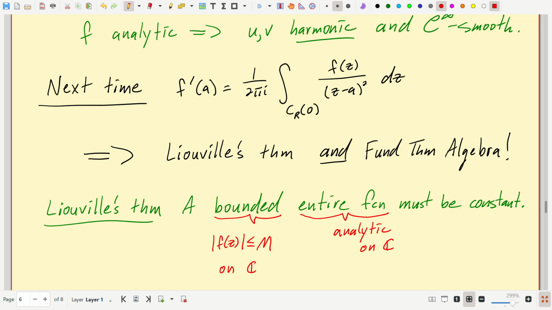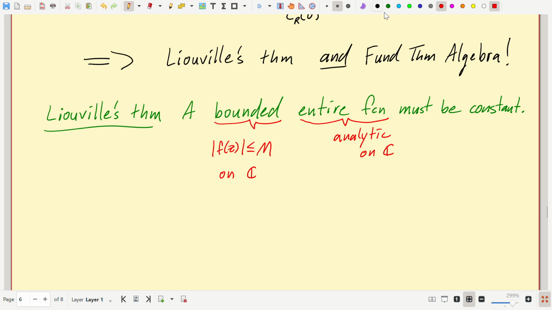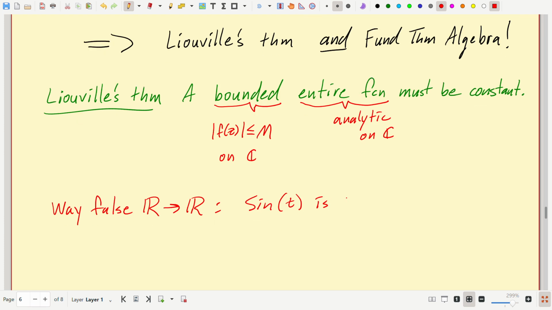That means that there's nothing like sine of t. Sine of t is a bounded function on the real line. So Liouville's theorem is way false for functions from R to R. Sine of t is a bounded, entire function, bounded by 1 on R and infinitely differentiable.